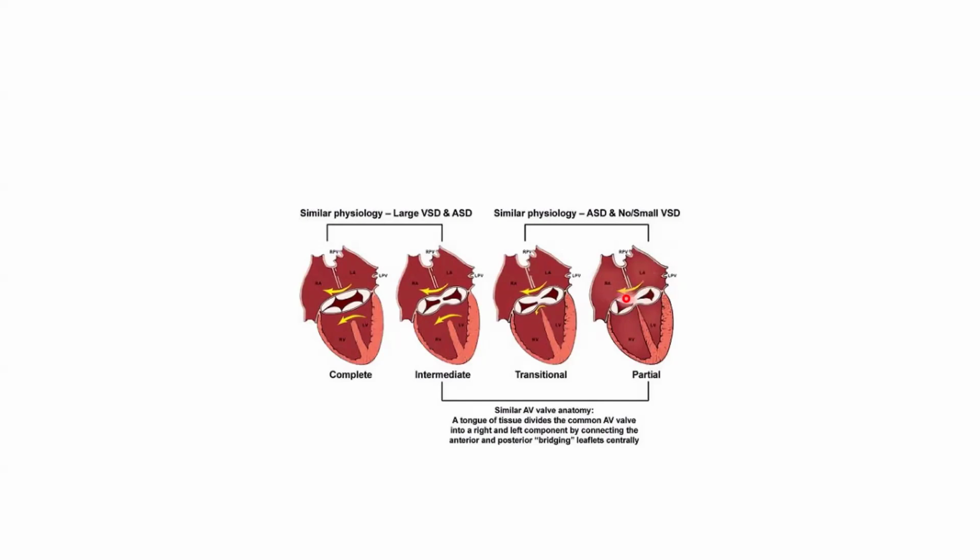So these are typically the way they are classified, and they all have implications as far as symptoms and management are concerned. You can appreciate that the first ones will have severe symptoms, and then it gets better and better as you get to the partial ASD type.